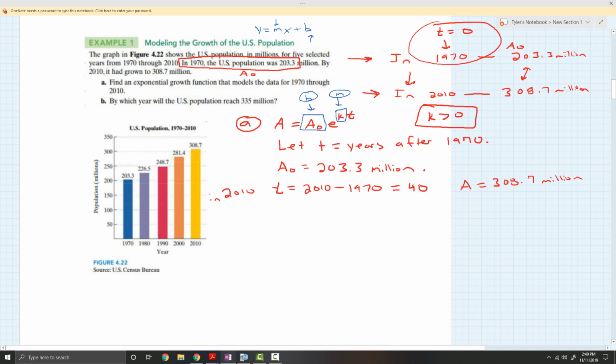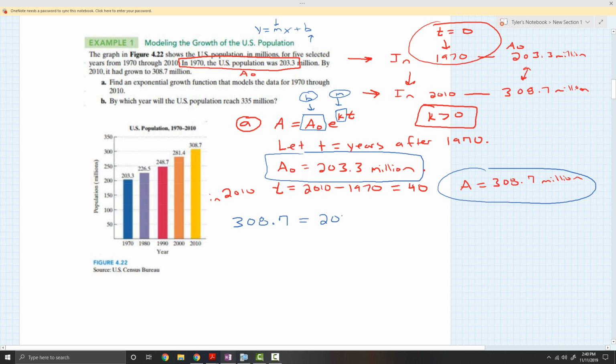So I need to find those. I need a value for both of those. But I already know A sub naught, so I already have one of the missing pieces of the puzzle, if you will. So now I need to find the other one. If we plug those values in, for A, I'm going to have 308.7, and then A sub naught is 203.3.